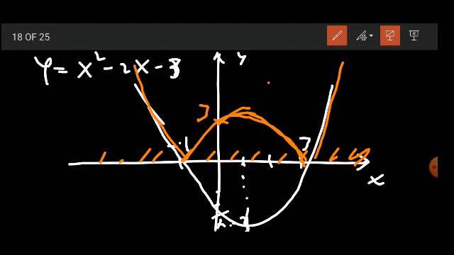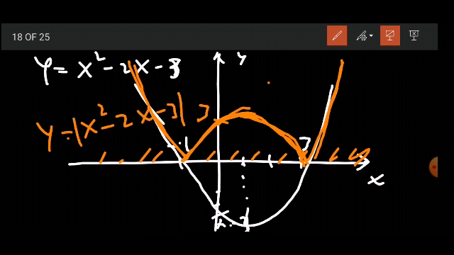So this is the graph, like this. Okay, fine. So this is the graph of y equal to mod of x square minus 2x minus 3.